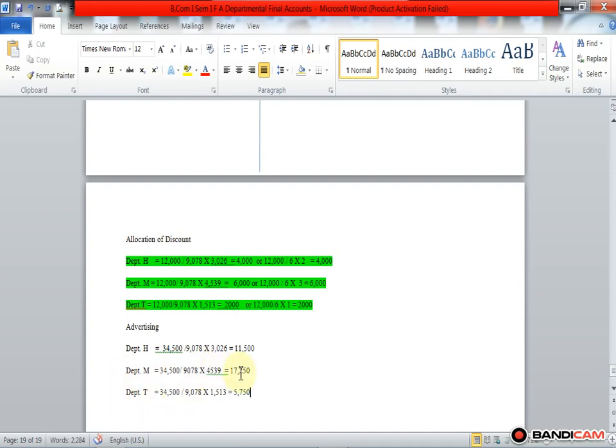Okay, these are the amounts on allocation of advertisement on the sales ratio. The ratio is 34,500 divided by 6 multiplied by 2, okay, is equal to 11,500.